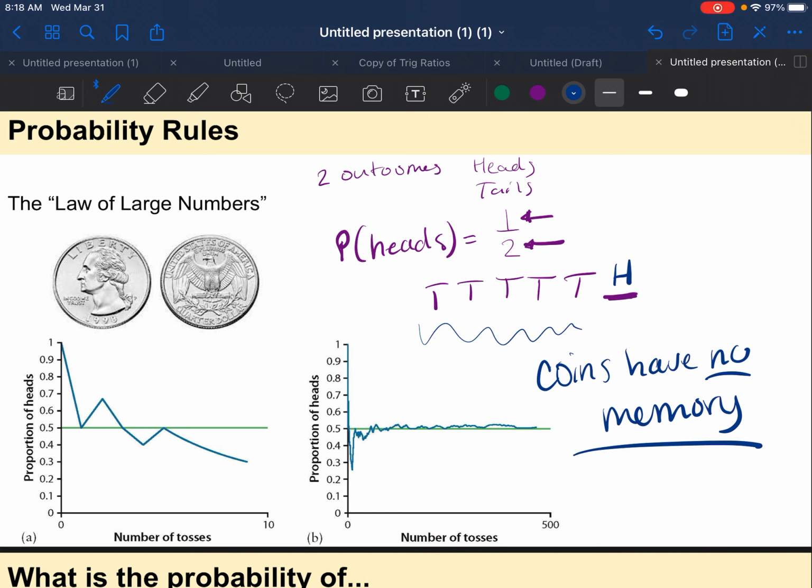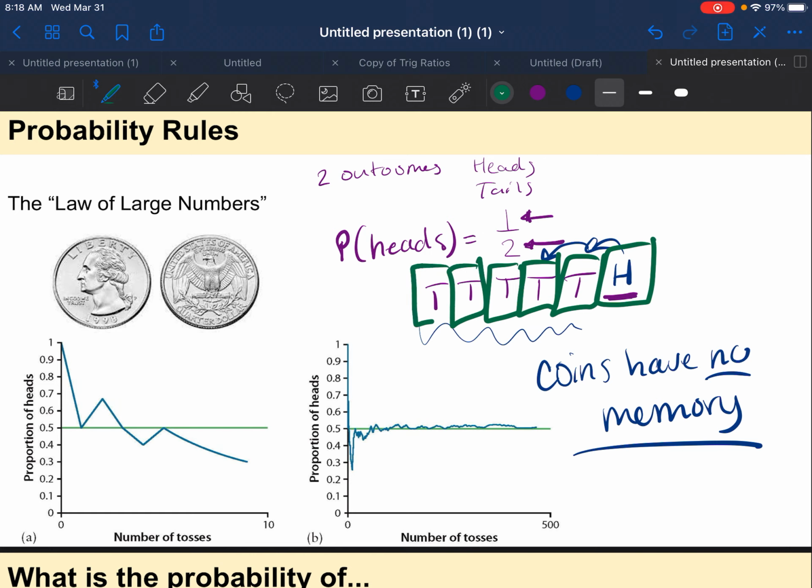They don't know what you did before. They don't know that you got 5 tails in a row. Every individual toss is separate. So what happened before does not influence what is going to happen on the next toss, because coins don't know what happened.